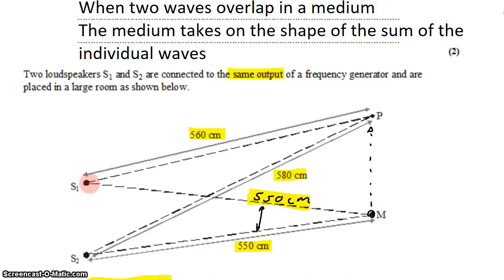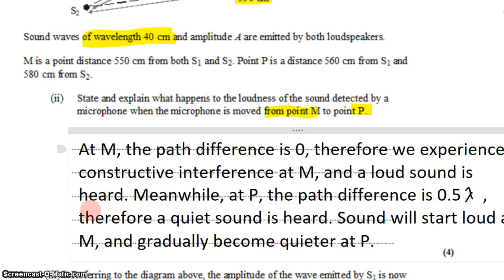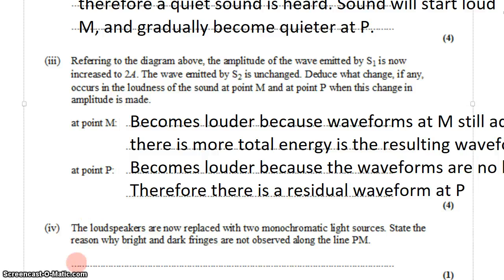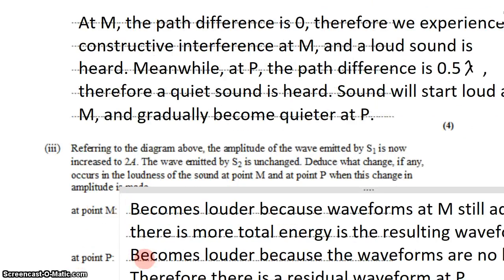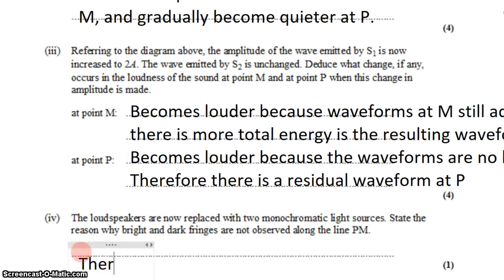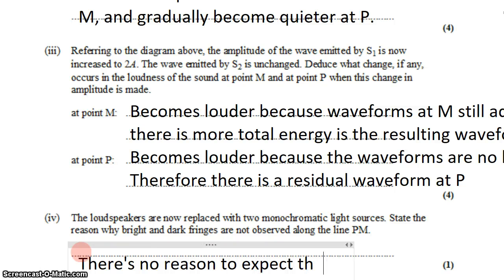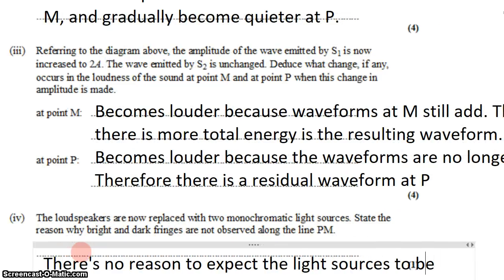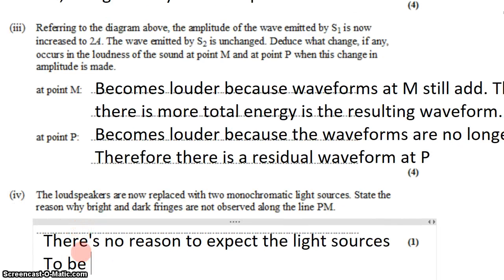And not just within the one bulb, but across the two, which allows us to say there's no reason to expect the light sources to be coherent. Basically, there's no reason to expect the light sources to start out doing the same things at the same times.